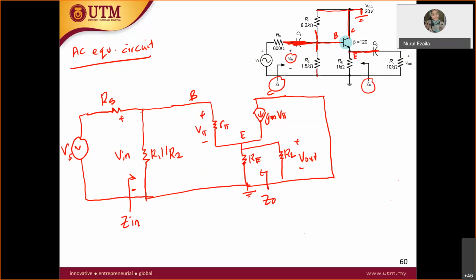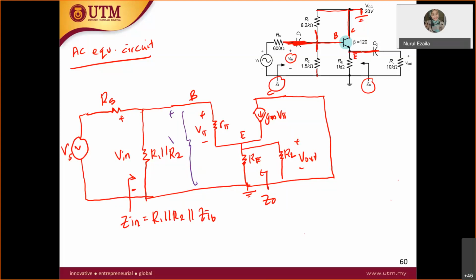If you still remember, at this node Z in is equal to R1 parallel with R2 and parallel with some other resistor over here, which is represented by V total.